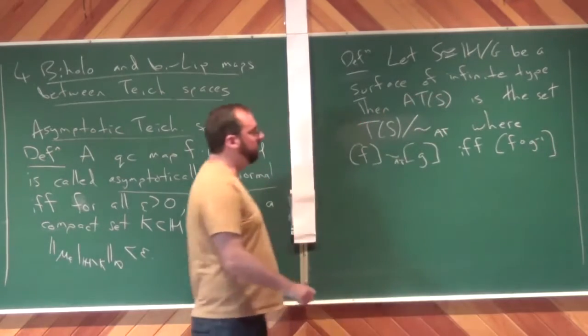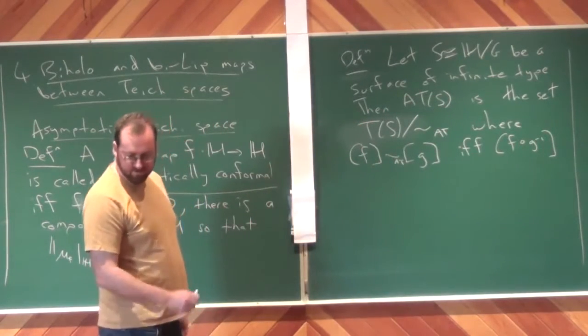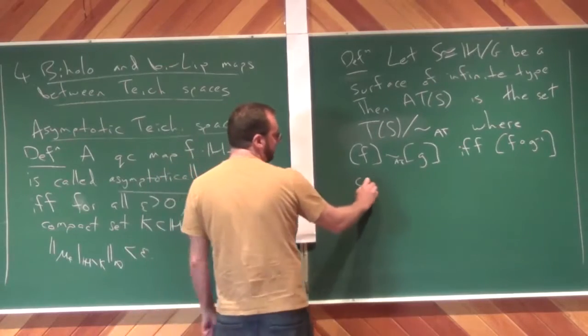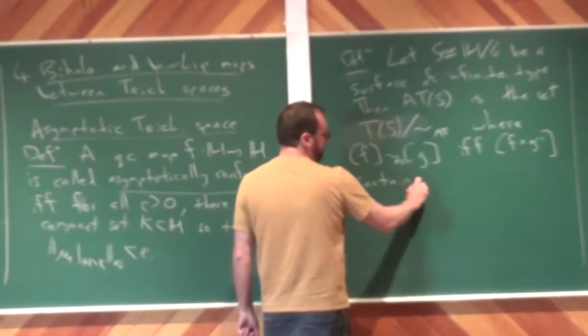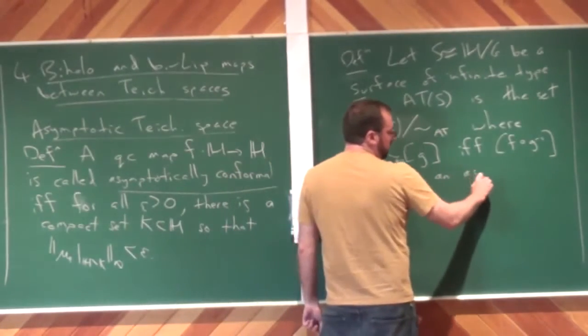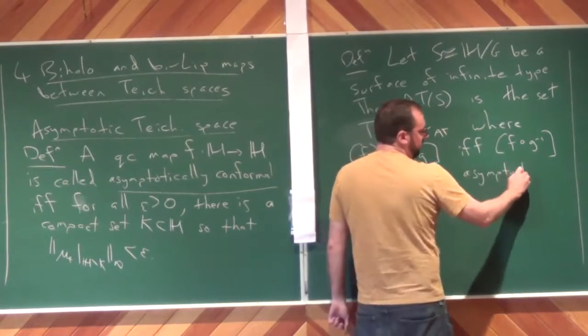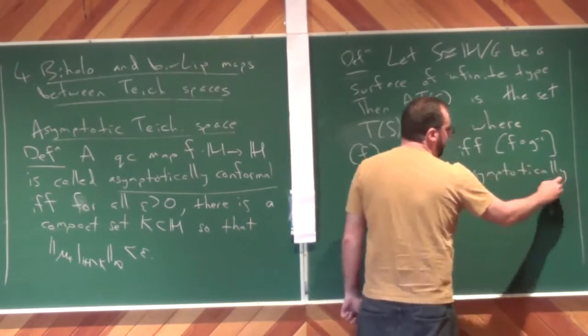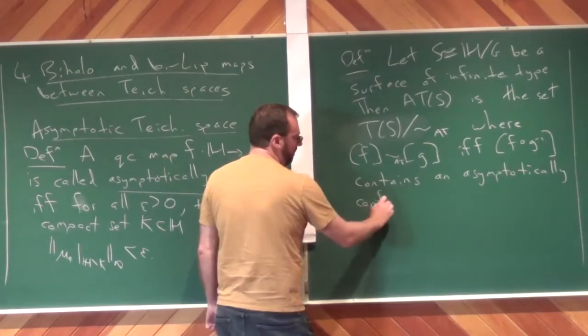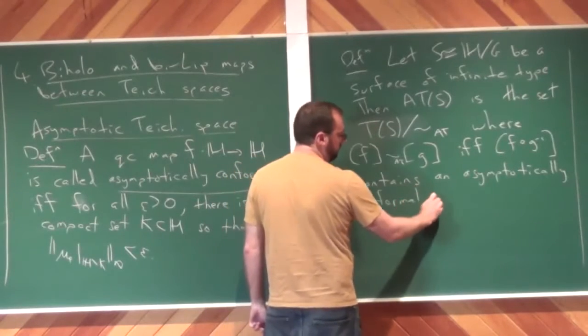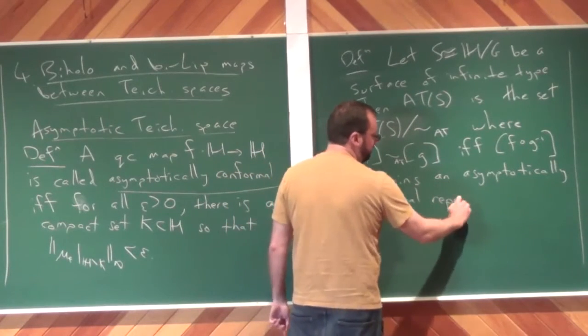if and only if, when you look at the class of f composed with g inverse, that contains an asymptotically conformal representative.